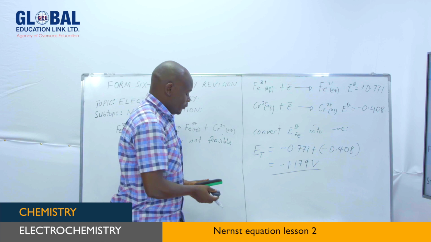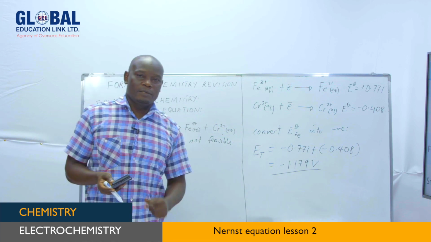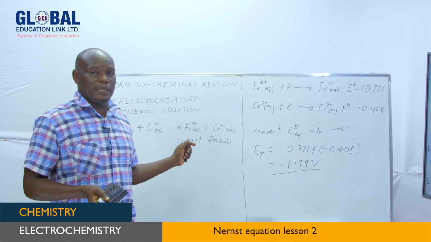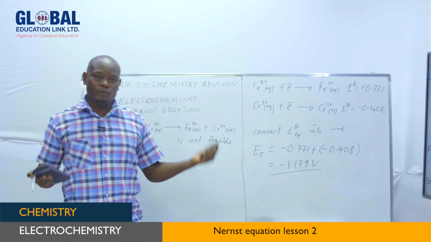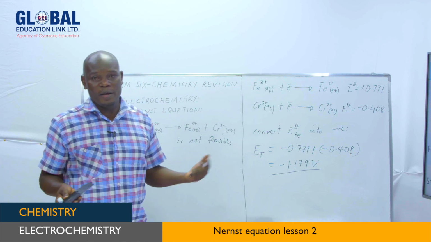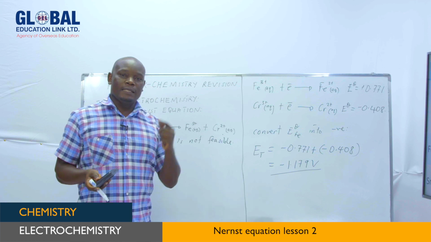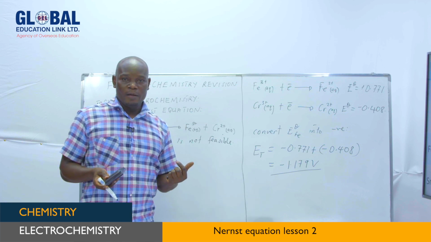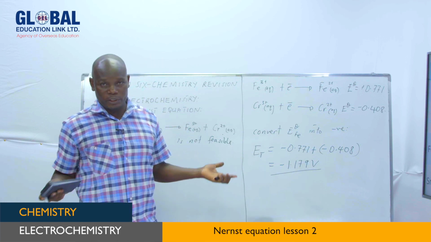Now, if we compare the normal application of standard electrode potential to our life situation, we are using a lot of different materials that are made up of metals, and each metal has its standard reduction potential. So how can you prevent those metals from corrosion?